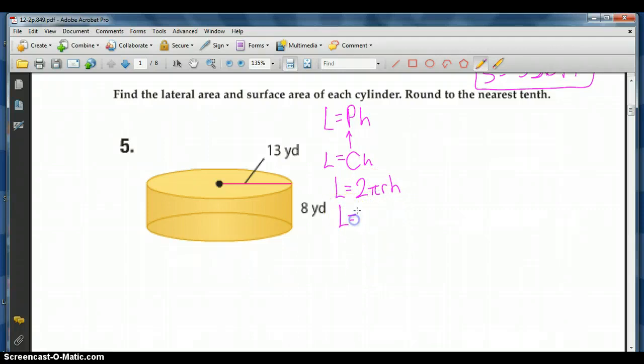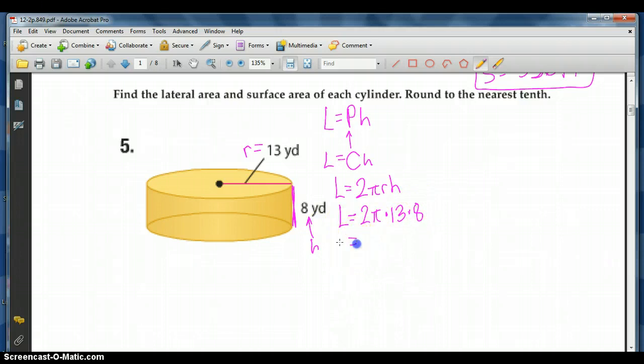So my lateral area here is 2 times pi. My radius is 13. And the height of the cylinder is 8. So first I'm going to get this in terms of pi.